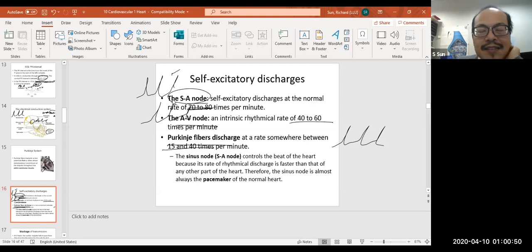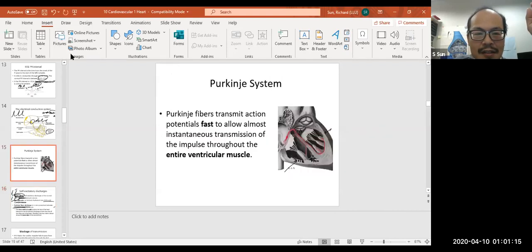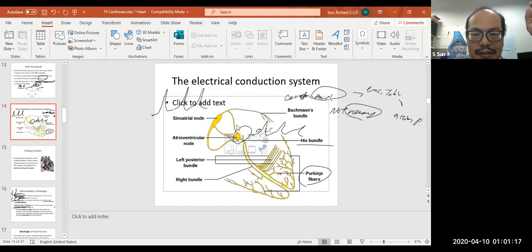It's very much like a teacher asking students, who wants this candy? And all of them raise their hands. They want the candy, but there's only one candy. So the SA node, because it raised its hand first, will get the candy. When it generates this action potential, it travels to the AV node and to the entire heart.